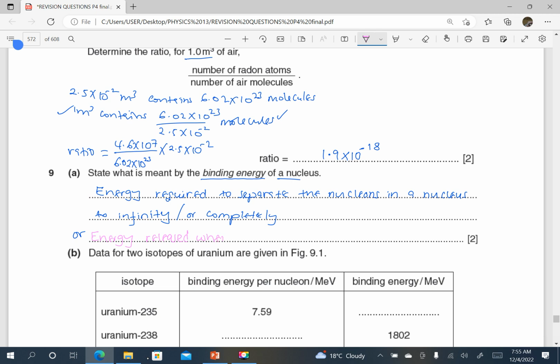So when they come together, the energy is released. To move them apart, energy is required. So that is a nuclear binding energy.